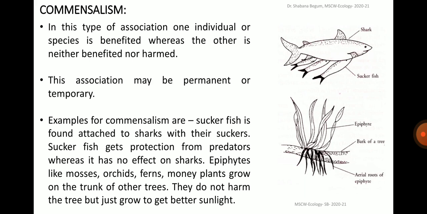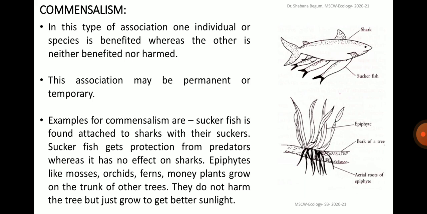The word commensalism means eating off the same table or sharing the same table. The two or more populations live together without entering into a kind of physiological exchange.